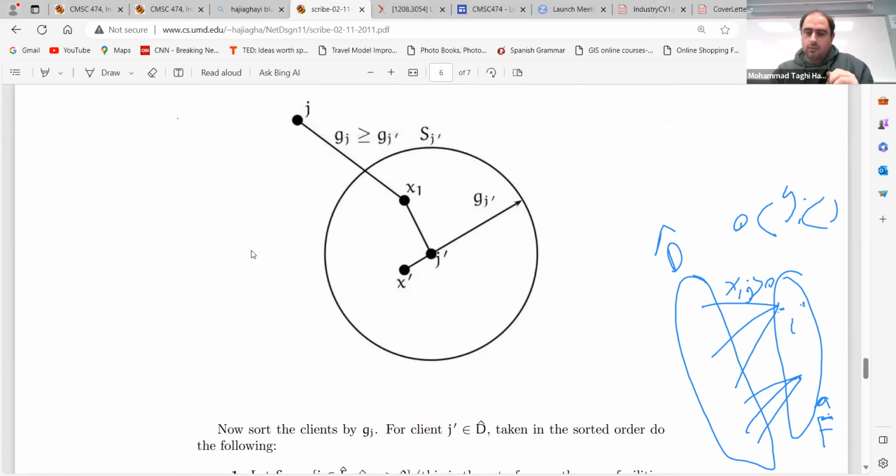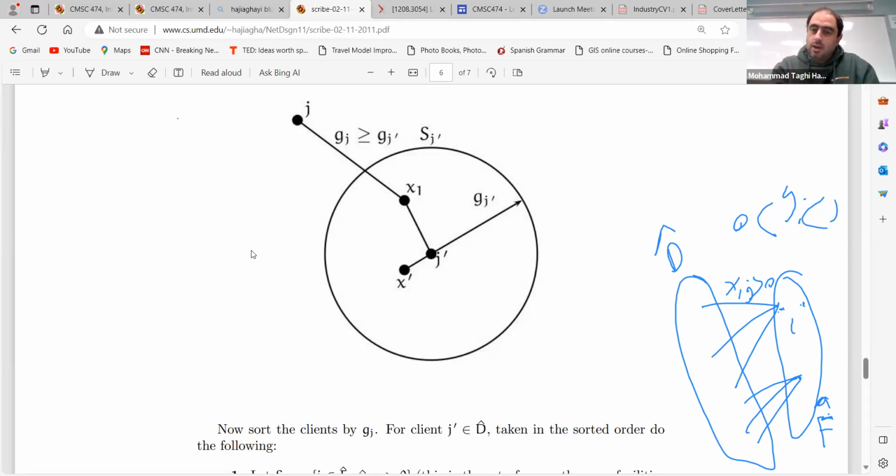Now, what do we do? Again, consider this D hat. As I mentioned, g_j is defined as c_j alpha. This is some kind of average connection cost.